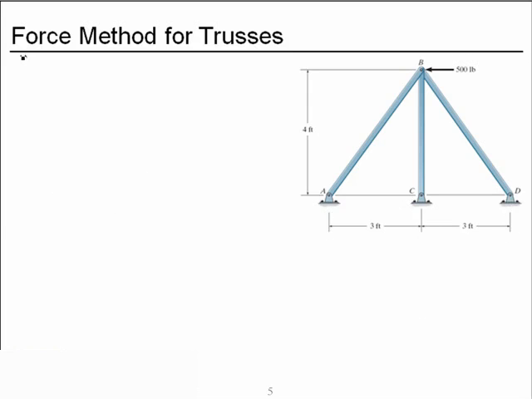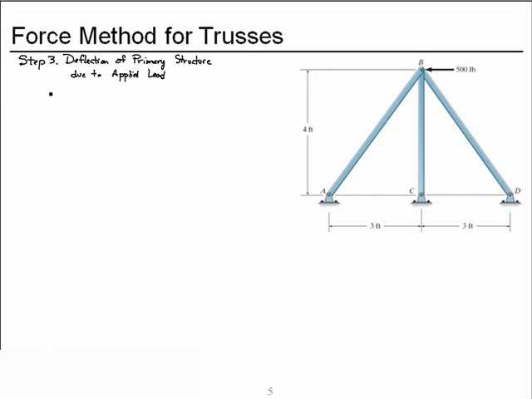Now we're ready to begin step 3. We're going to predict deflection of the primary structure, which is the determinate structure without the redundant, due to the applied load, the 500 pounds lateral force in this case.